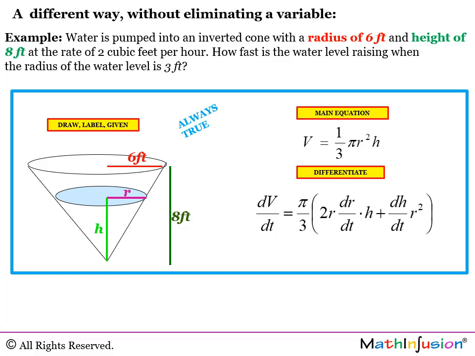Pi over 3 is just a constant, then we have to differentiate the first one, which is r to the power of 2, and we get 2r dr/dt times the second one, which is h, plus now we have to differentiate the second one, and we get dh/dt times the first one, which is r to the power of 2. As you can see, now we will have to substitute r, h, dh/dt, and dr/dt. And obviously dV/dt, but we know that this is 2.